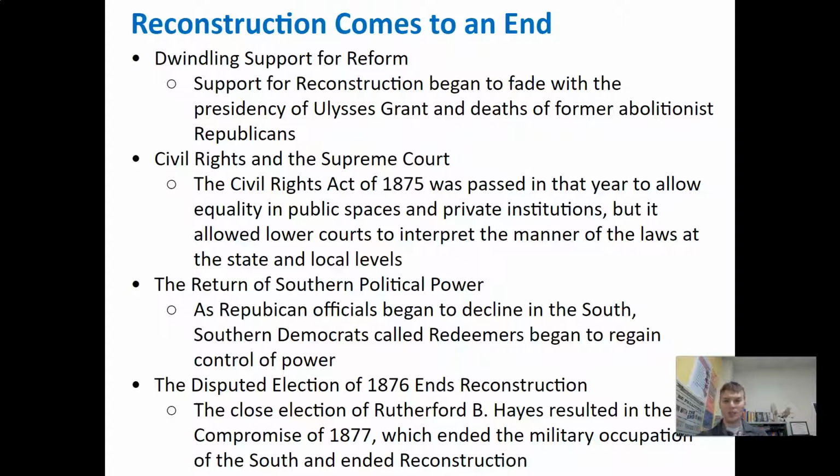Anyway, so in order for Rutherford B. Hayes to really calm down the Democratic Party and to see that there's a compromise to be made, that he's been elected president, there's going to be kind of a bargain between the two parties. And this is often called the Compromise of 1877. And what it did was officially end the military occupation, the military districts of the South, and it returned the southern states to a normalcy.